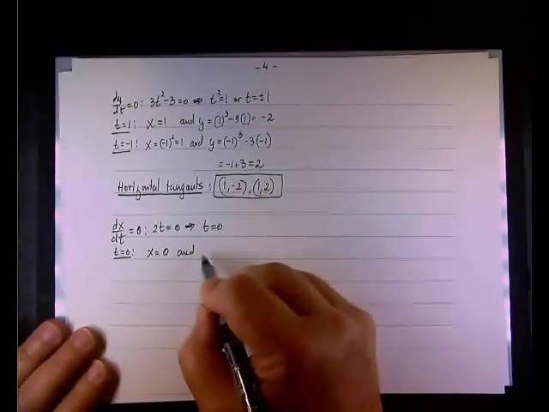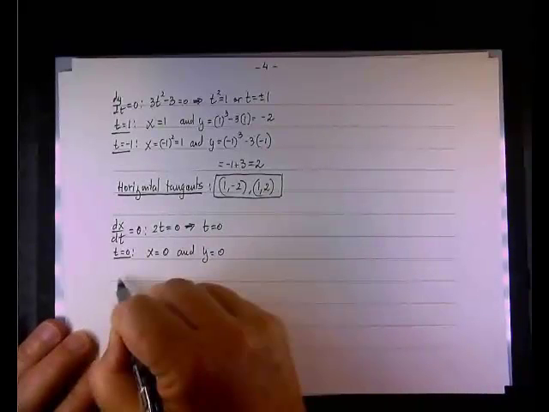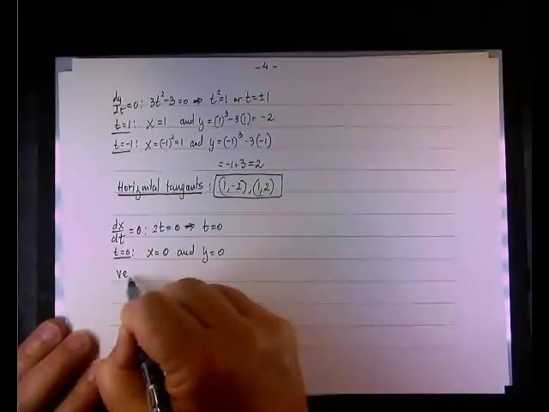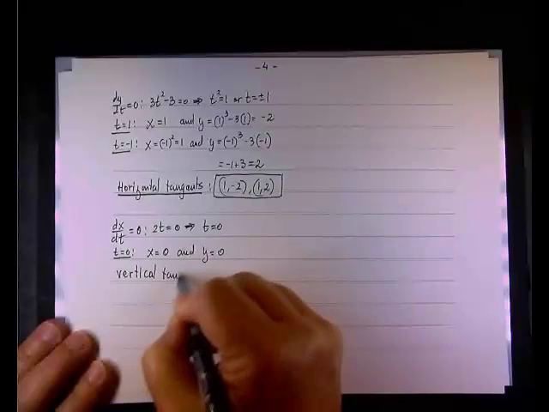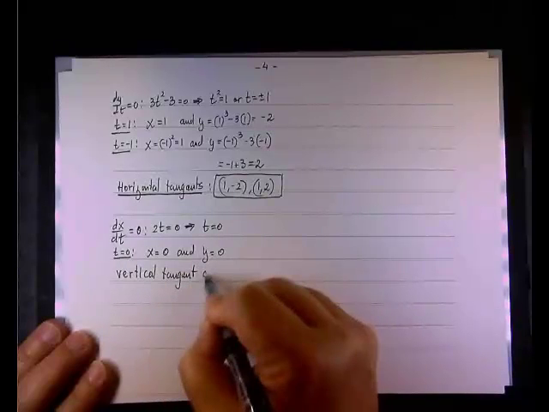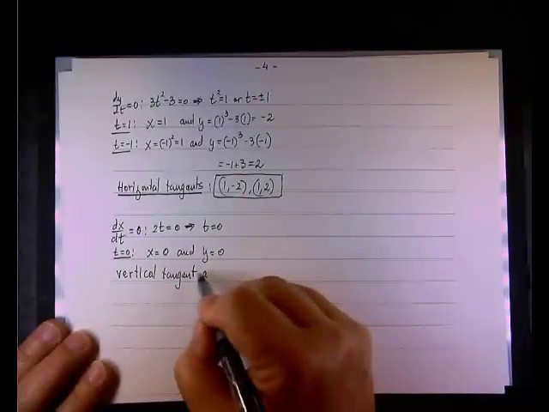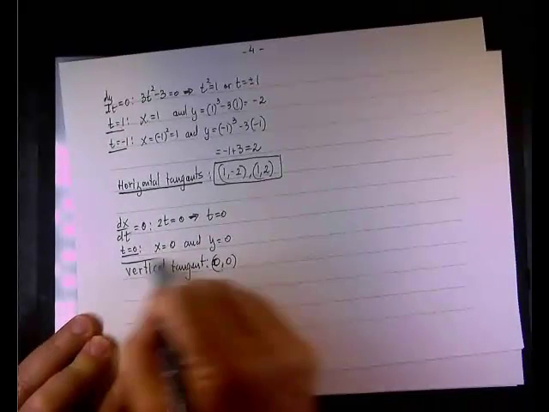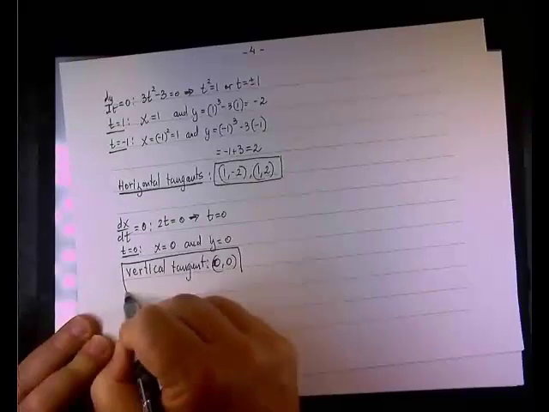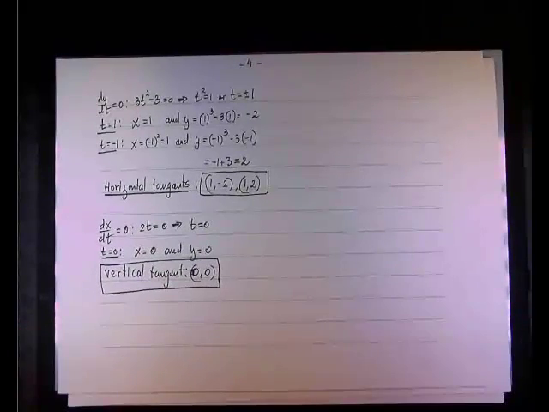Well, x equals 0 squared, and y equals t cubed minus 3t, so y equals 0 as well. So it turns out that we have vertical tangent at (0, 0), at the origin.